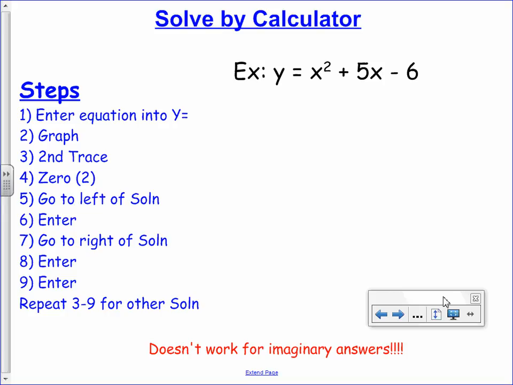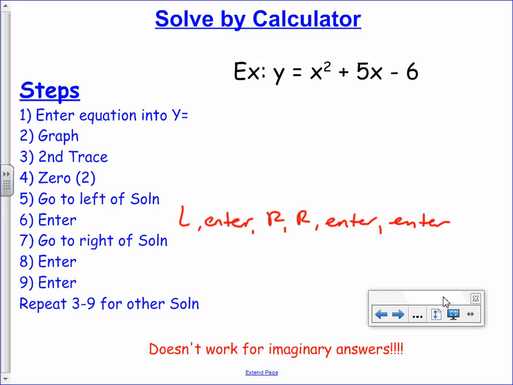So you put your dot as close as you can to the axis, and it goes left, enter, right, right, enter, enter. Kind of like playing a video game. P.S. This doesn't work for imaginary solutions.